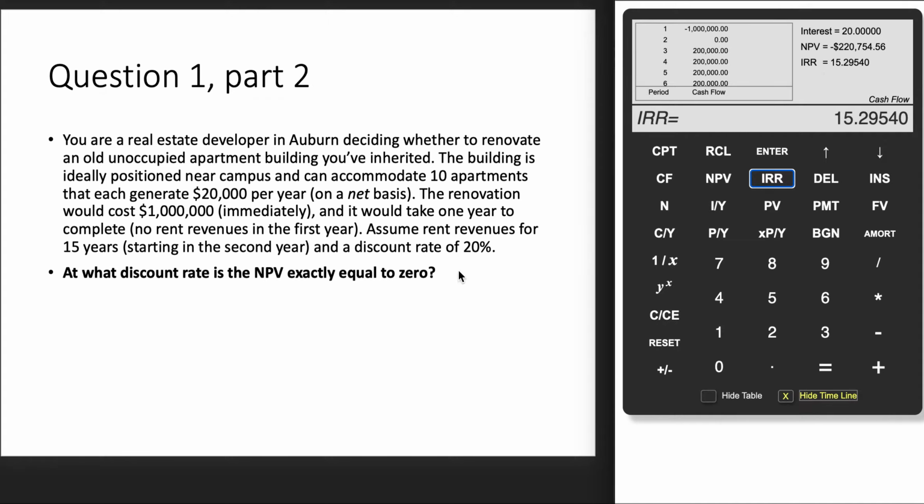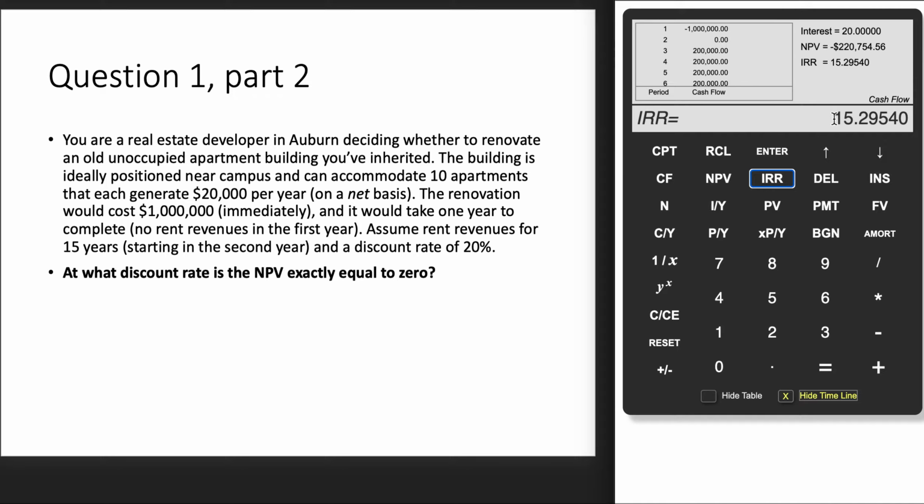So you can see the NPV is flexible. It depends on the inputs, right? So it depends on the discount rate that I use. And again, when the net present value is less than 0, it suggests that it's a value destroying activity.